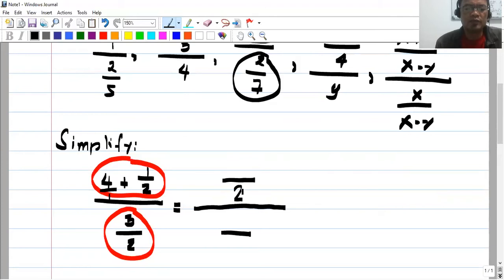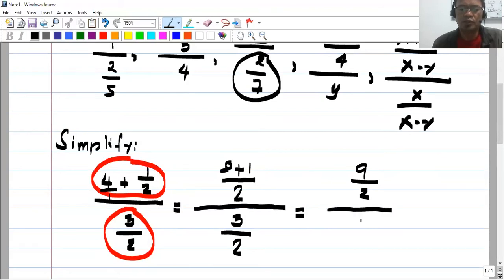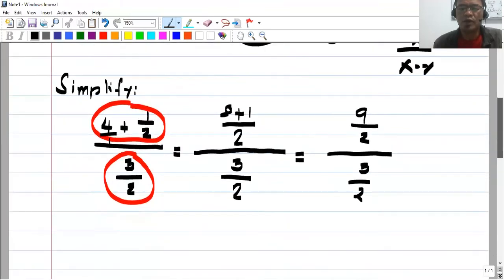The LCD divided by 1 is 2, multiplied by 4 is 8, and 2 divided by 2 is 1, times 1 is 1, and we just copy our denominator here, which is 3 over 2. Eventually we have 8 plus 1 is 9 all over 2, all over 3 over 2.